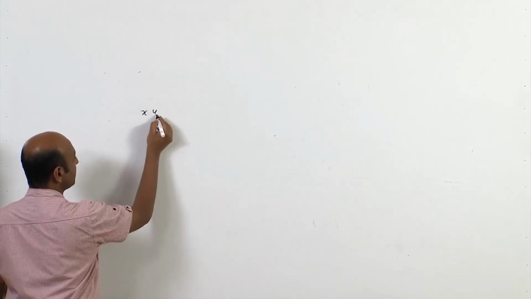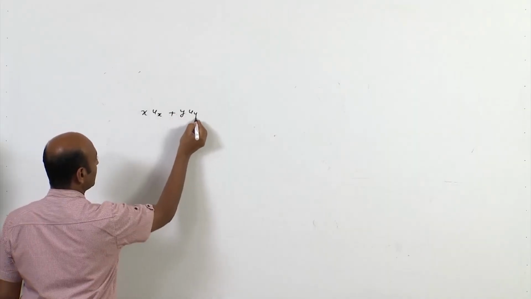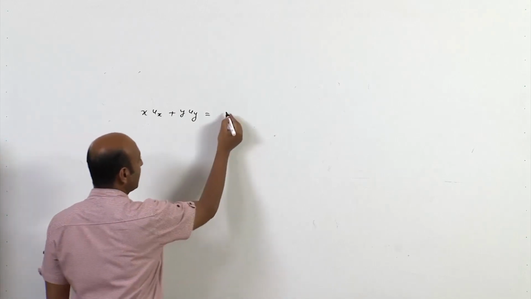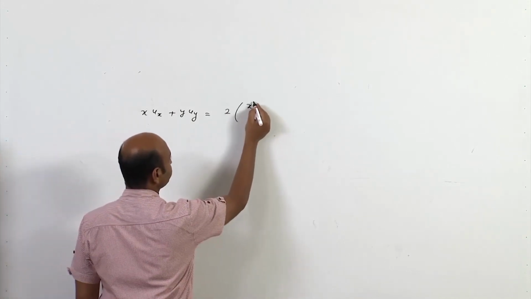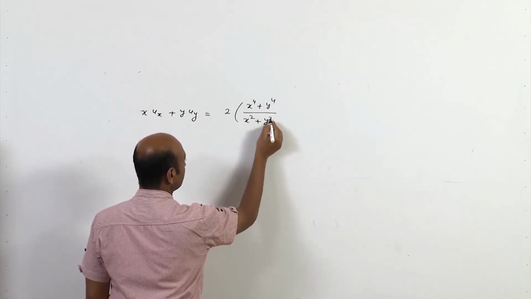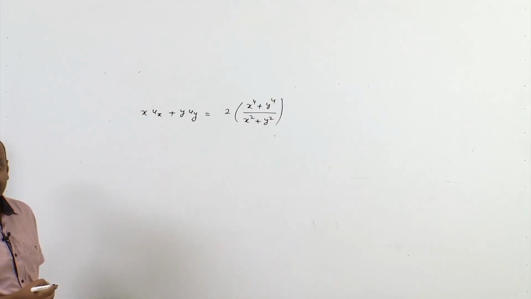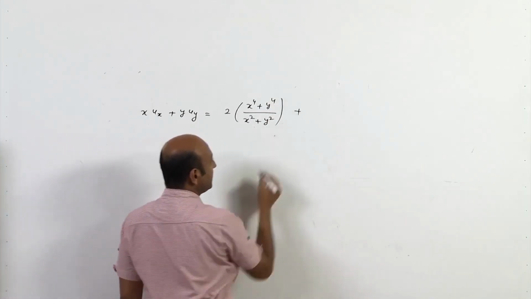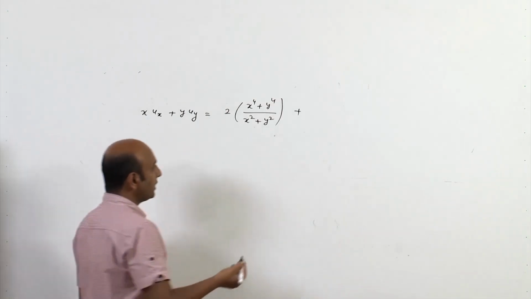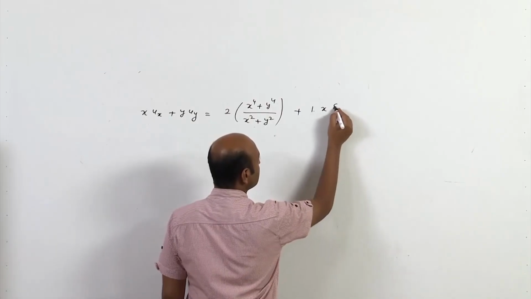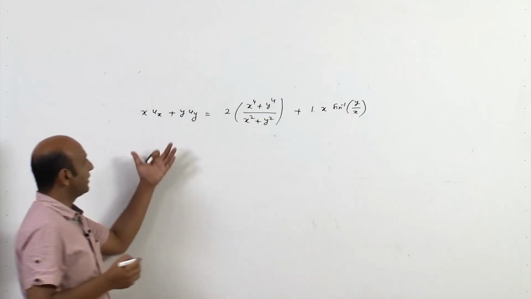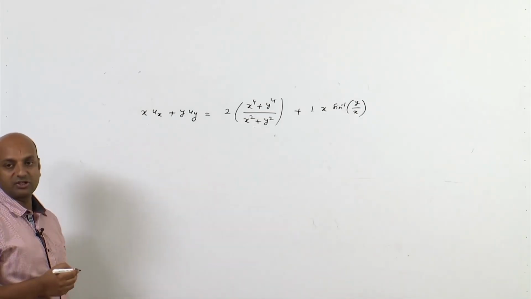So, the answer of the first part, x ux plus y uy, will be: the first term has a degree 2, so it is 2 times g, the first term, plus the second term has a degree 1, that is n into h, n is 1 and h is x sin inverse y by x. So, this is the value of this expression.